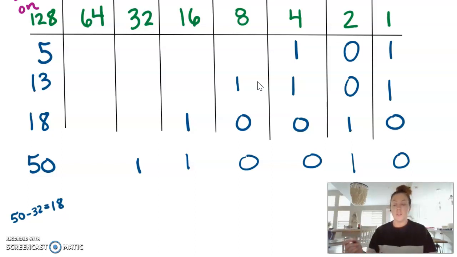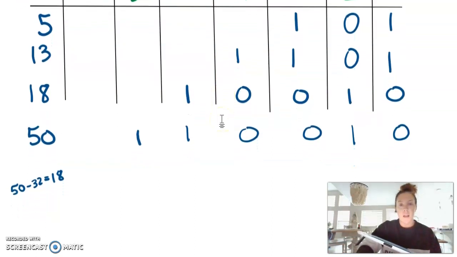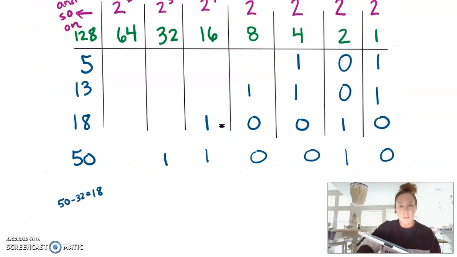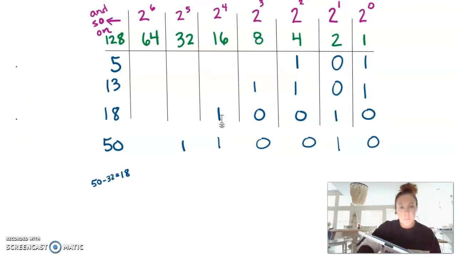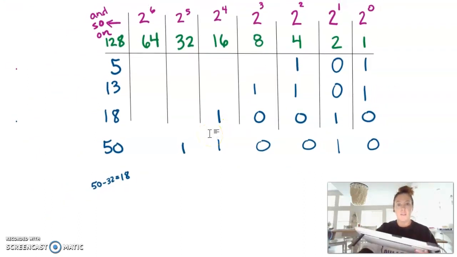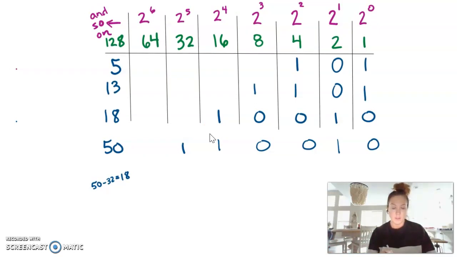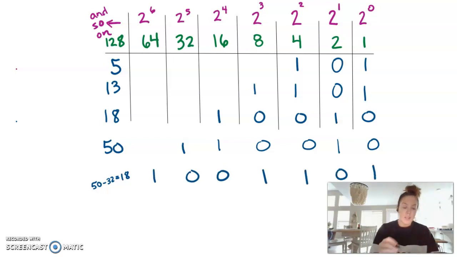Okay? Likewise, let's say I went backwards, and I'm given a number. Let's do 1001101. Let's write what that number would be in our base 10 system. We're basically just going to add them up.